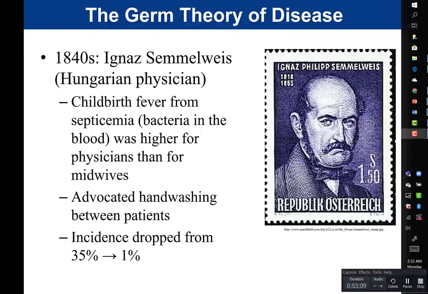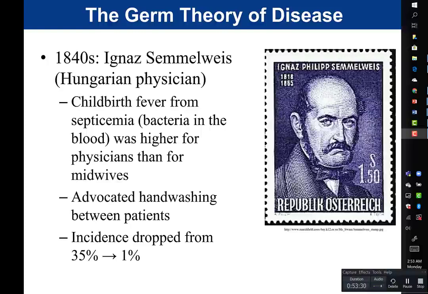And so Semmelweis concluded that some unknown cadaverous materials caused the childbirth fever. And he instituted a policy of using a solution of chlorinated lime for washing hands between autopsy work and the examination of patients.